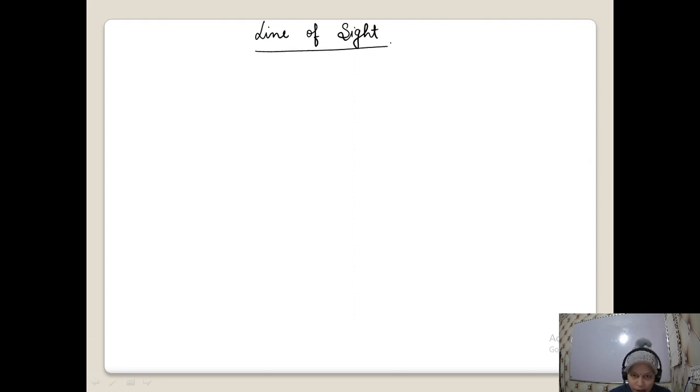Line of sight means when an observer looks from a point to an object. For example, this is an observer who looks at this object.